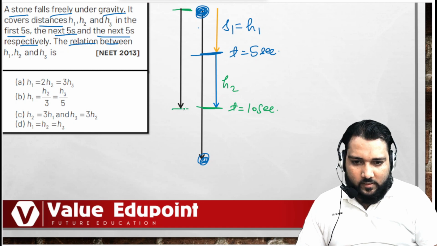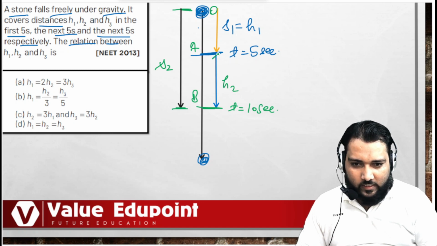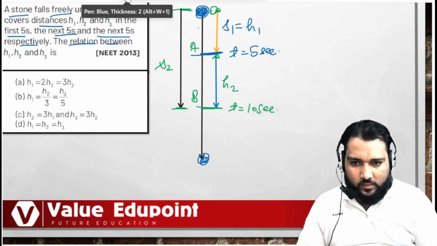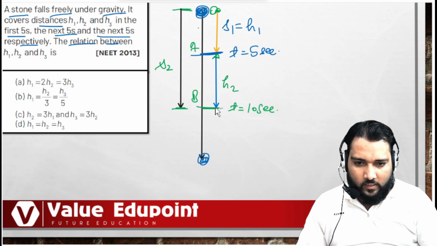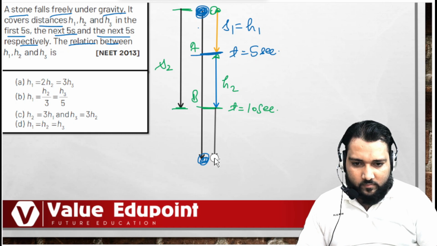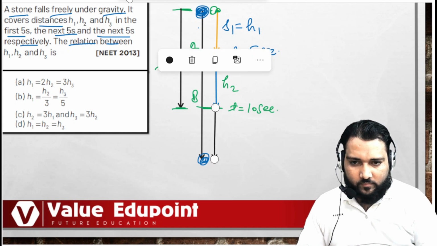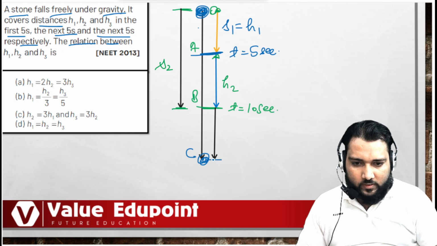Guys, this is point A, this is point B. The distance OB will be s2. This is the s2 distance, and this is the h1 distance, which is also equal to s1, the distance from the initial point. Now for the third interval, again up to point C, where t equals 15 seconds.